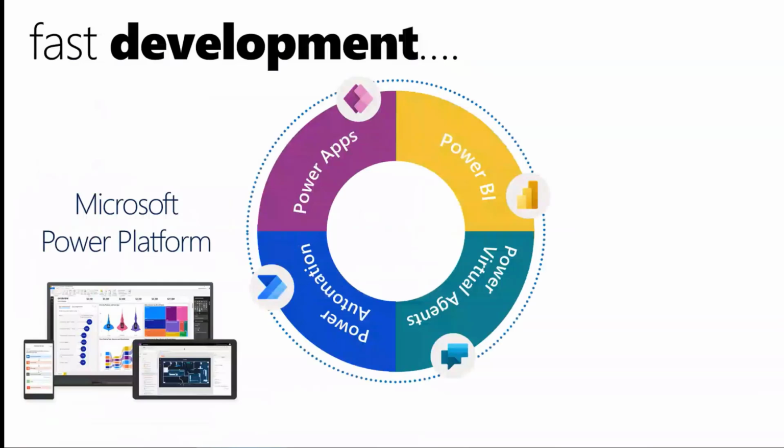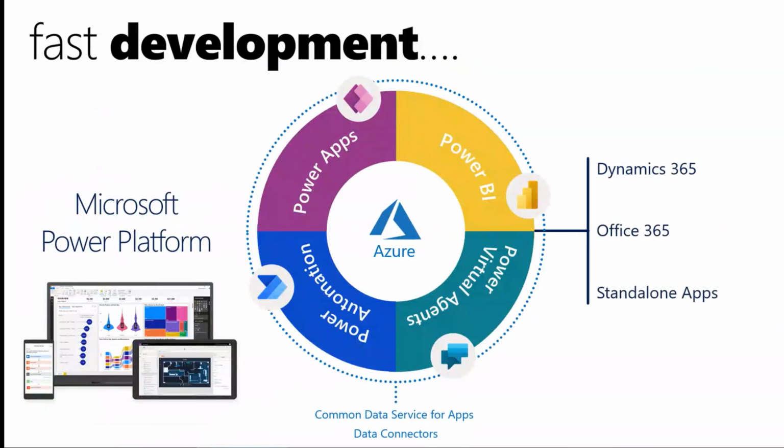So what I love about Power Platform is the way we can produce and develop applications or tools fast. And you have this powerful integration with all of the four components that compose the Power Platform, but also additional ones like Azure, Office 365, Dynamics, SharePoint, and so on and so forth.